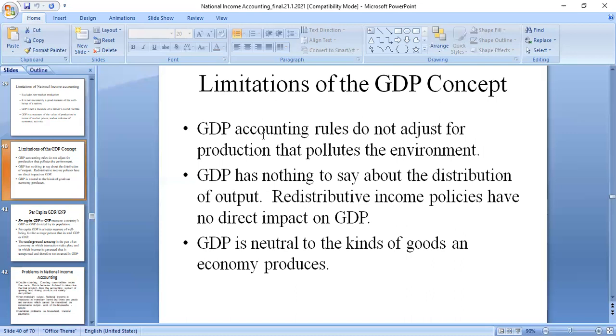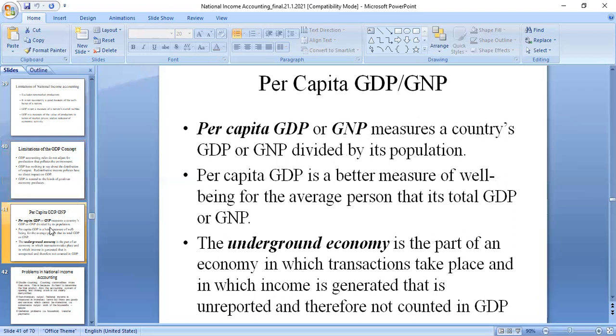But now, what kind of goods and services? Is it looking at manufactured goods? Is it looking at consumer goods? Are we together? So it does not consider what kind of goods. It is not specific in what kind of goods are produced.